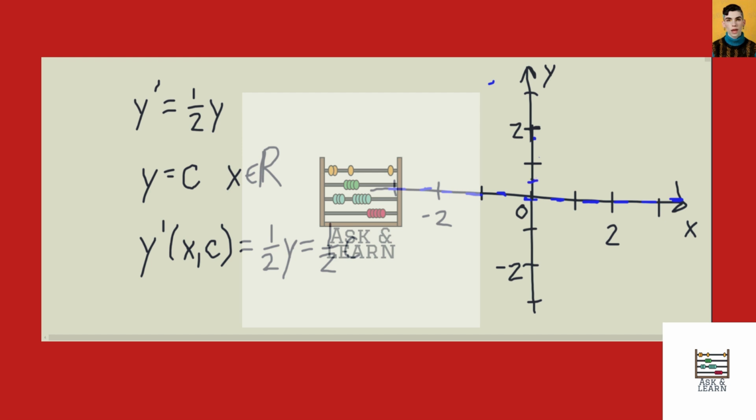So just barely above horizontal. Y is equal to 1, we'll have a slope of 0.5. Y is equal to 1.5, we'll have a slope of 3/4. Y is equal to 2, we'll have a slope of 1. And you see that the slope simply increases as you go up the y-axis.